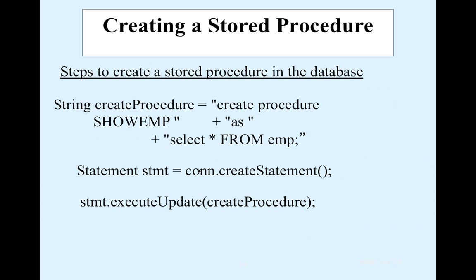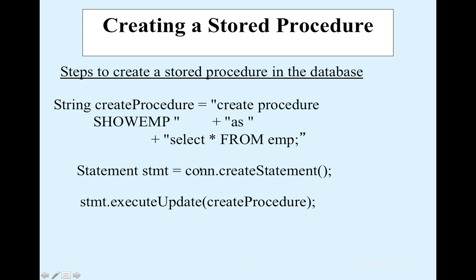Now, creating a stored procedure. Steps to create a stored procedure in the database. Create procedure show emp as select star from employee. So whatever data you have in the employee table, you're creating it as a procedure named show emp.